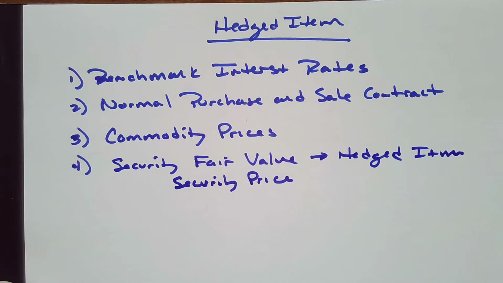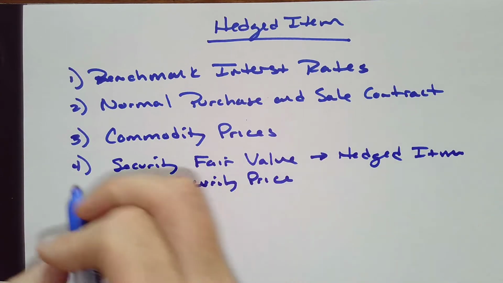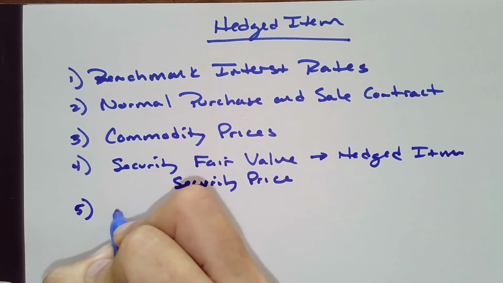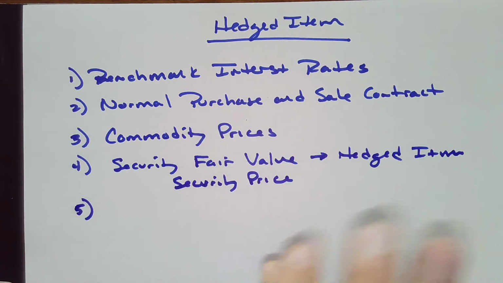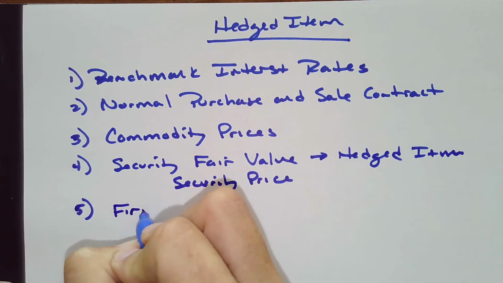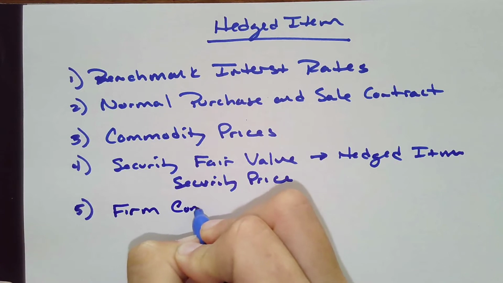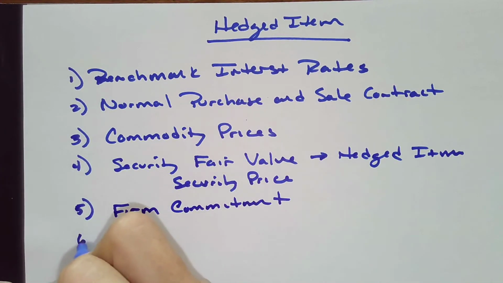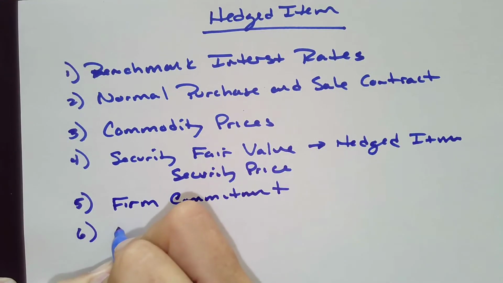Right. If you have items, so maybe you have an anticipated transaction. We're thinking about purchasing. We don't have a firm commitment, right? You can hedge a firm commitment. But say we have an anticipated transaction.